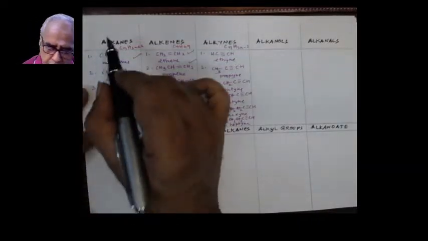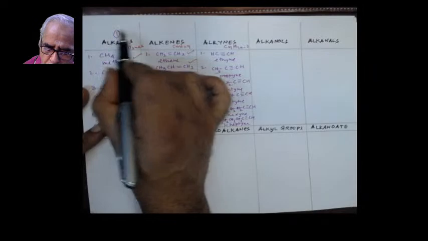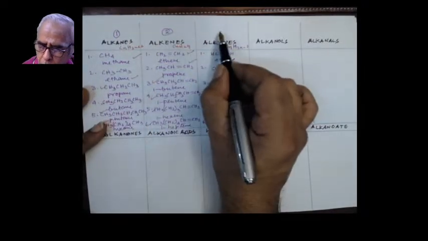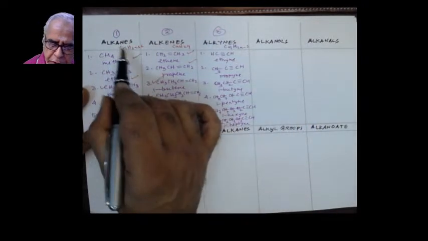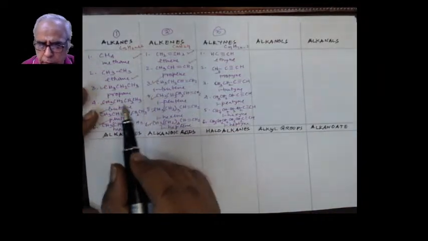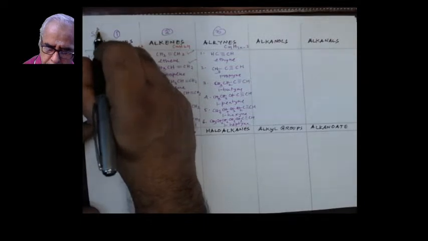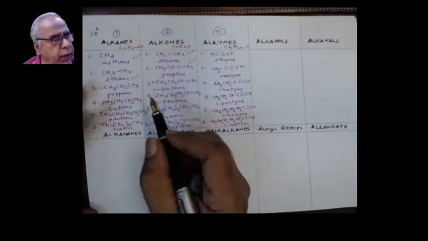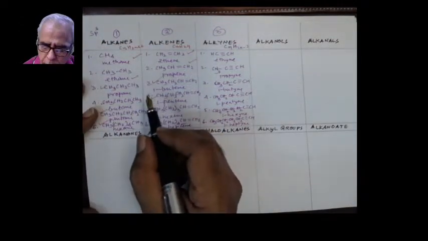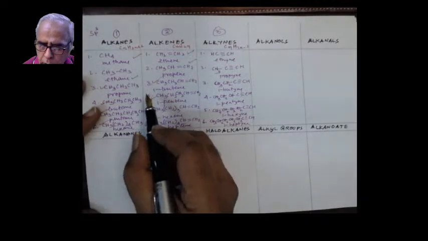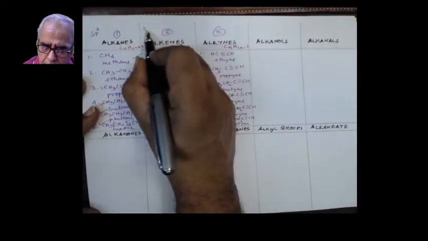Okay. So we have discussed alkanes, alkenes, alkynes. What is the specialty with regard to hybridization? Alkanes are sp3 hybridized. Okay, they have only single bonds. They are saturated. What about alkenes? They are sp2 hybridized.